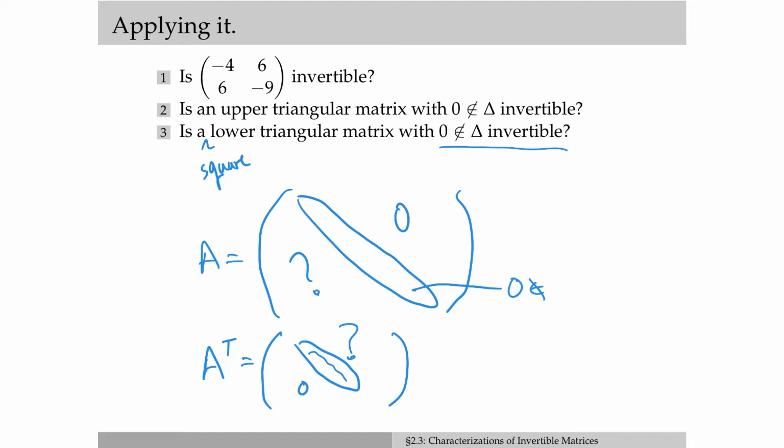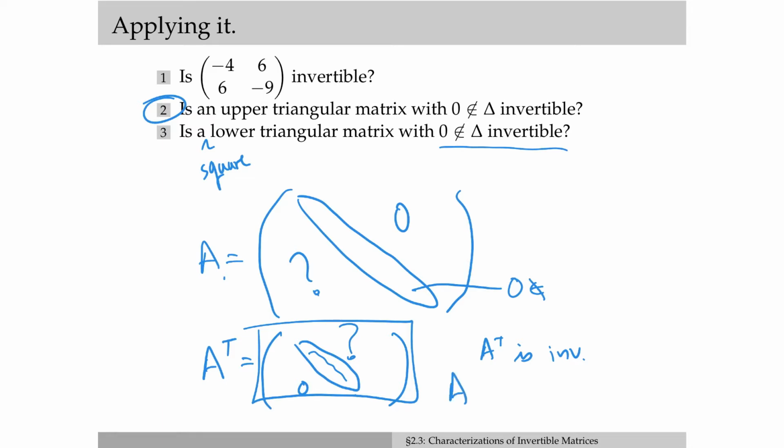Now, if you think back to our invertible matrix theorem, the very last condition is A transpose is invertible. Well, in this case, A transpose is invertible because we actually showed that in 2 up here. Because if an upper triangular matrix doesn't have 0 on a diagonal, then it's invertible. So therefore, A must be invertible. So that's the slick way of showing that.